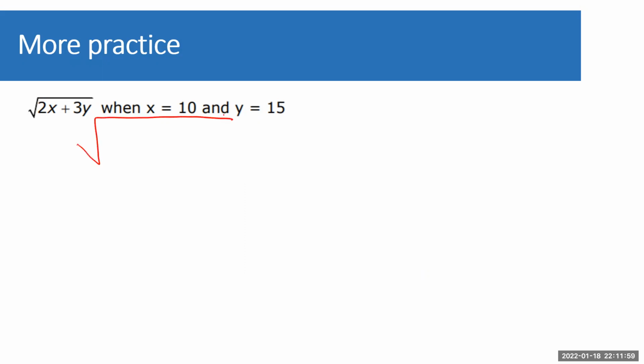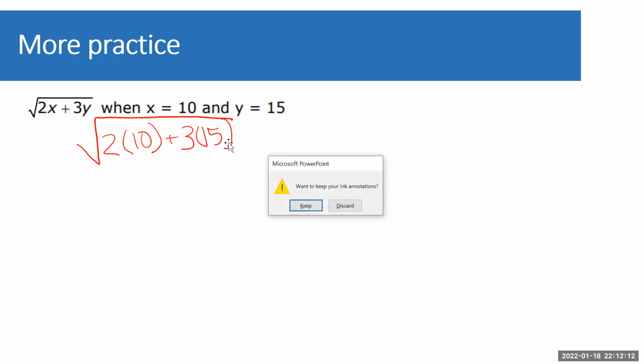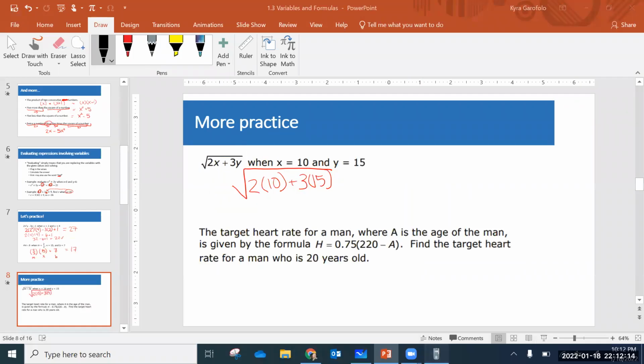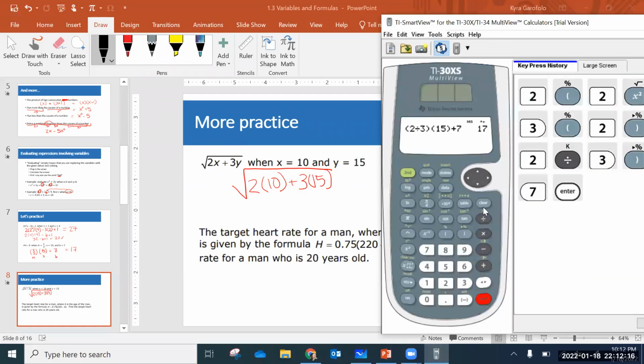So rewrite it as square root of 2, x is going to be 10 plus 3, y is 15. I would certainly just plug this one into the calculator, right? I can't do that in my head.